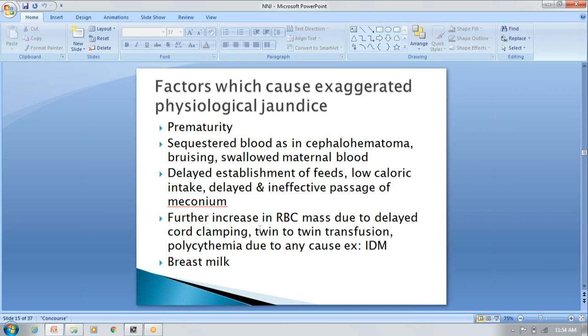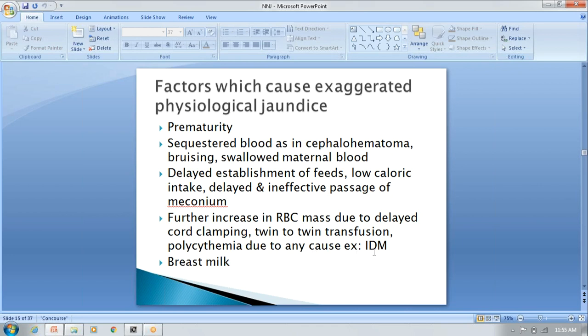Next, coming to the factors which can cause exaggerated physiological jaundice: prematurity, sequestrated blood in a cephalohematoma or intraventricular hemorrhage, swallowed maternal blood, delayed establishment of feeds, low calorie intake, or delayed or ineffective passage of meconium. Further, an increase in RBC mass may be due to delay in cord clamping or twin to twin transfusion, and these all contribute to polycythemia, which is commonly seen in the infant of a diabetic mother.